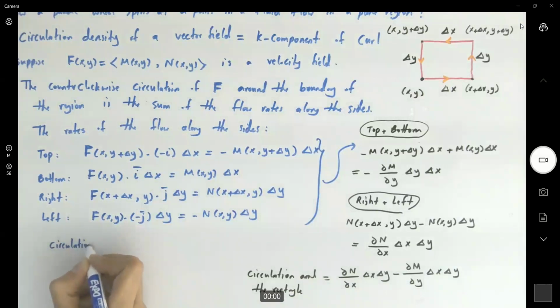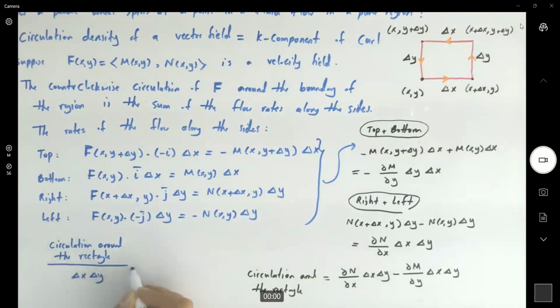So the circulation around the rectangle divided by delta x delta y gives us the partial derivative of N with respect to x minus the partial derivative of M with respect to y. And we call this the k component of the curl, or circulation density.